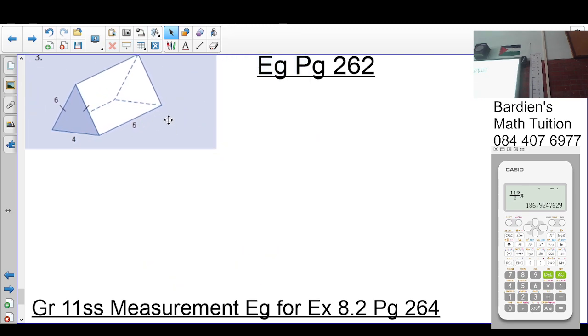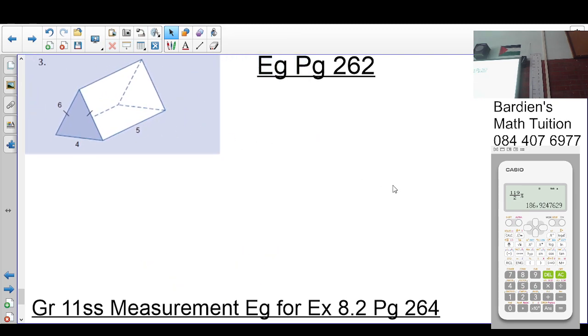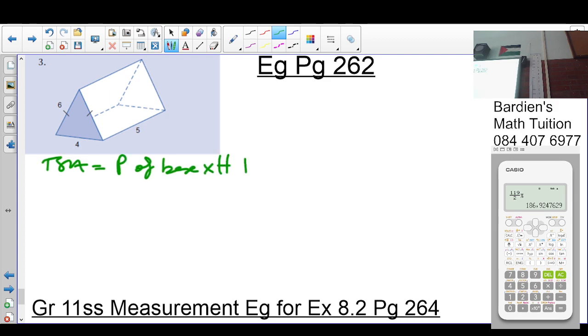You get number 3. What type of shape is this? The triangular prism. The total surface area is going to be perimeter of base times height plus 2 area of base.